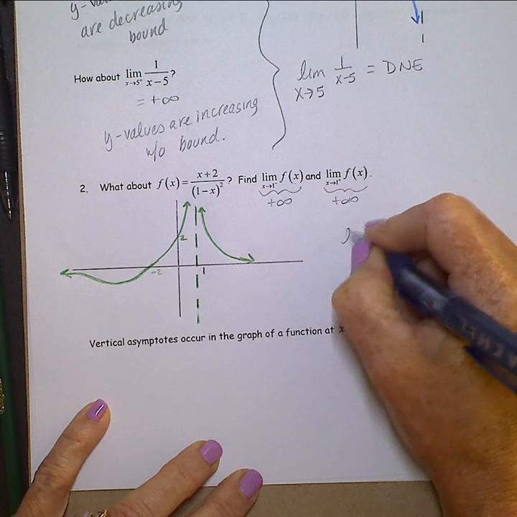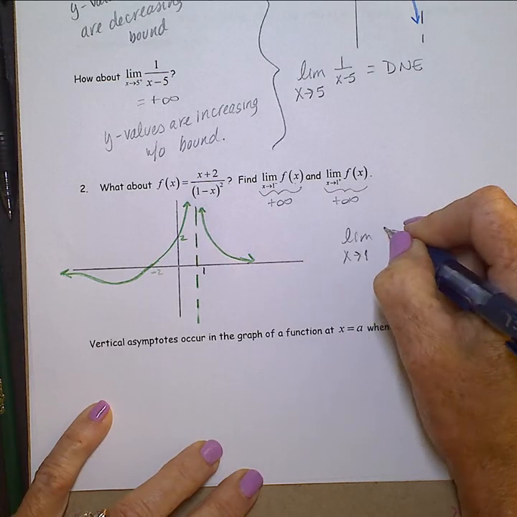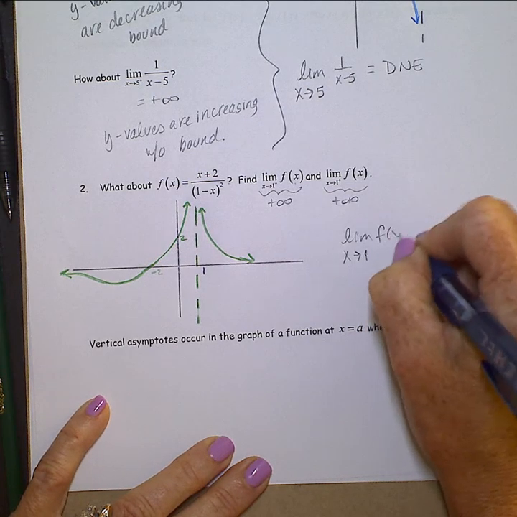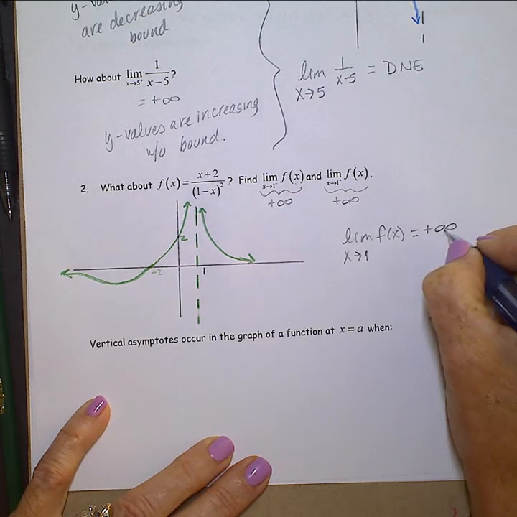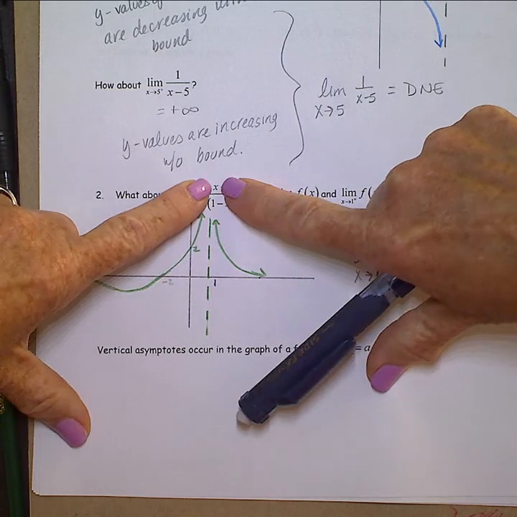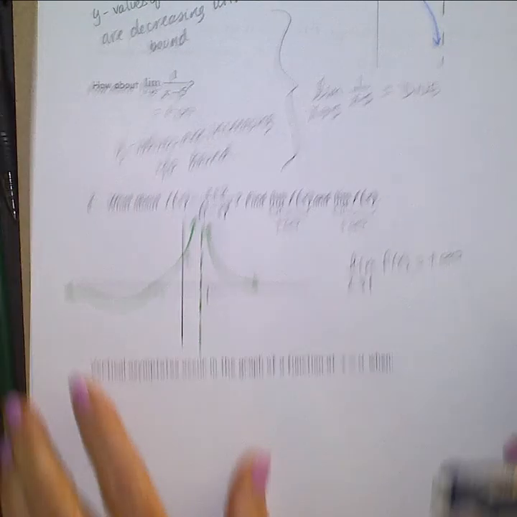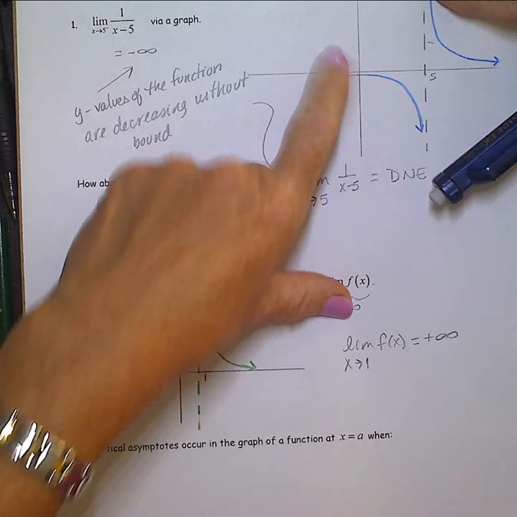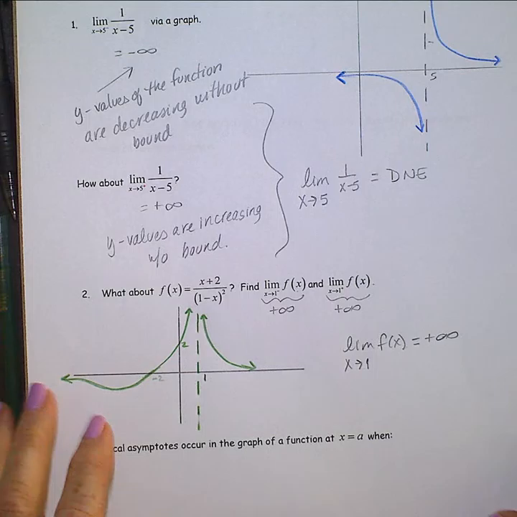Now, what's the limit as x approaches 1 in general of this particular function? Everybody? Positive infinity. From both sides, both are going in the same direction, so we can say positive infinity here. This one, from up above, one was going up, one was going down. The limit does not exist, not going in the same direction.